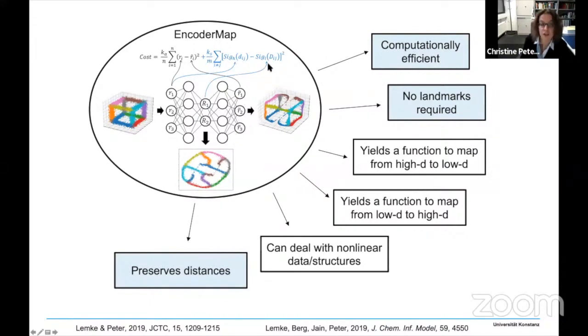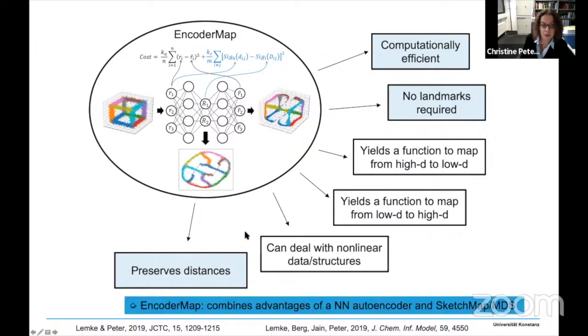But we have an additional contribution to the cost, which is a multidimensional-scaling-like cost, in this case even with the sketch-map sigmoid function, that compares the distance between two points in latent space to the distance between the same two points in the original data space. That's the idea behind EncoderMap. So it combines the advantages of a neural network autoencoder, being really very efficient, with sketch-map or multidimensional scaling aspects such as preserving distances.